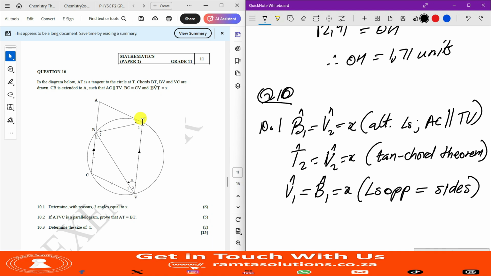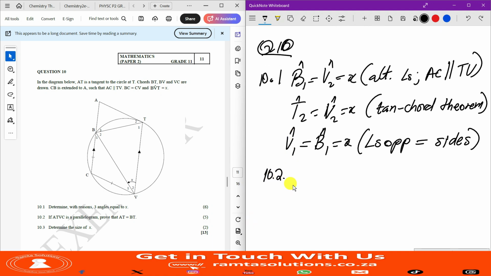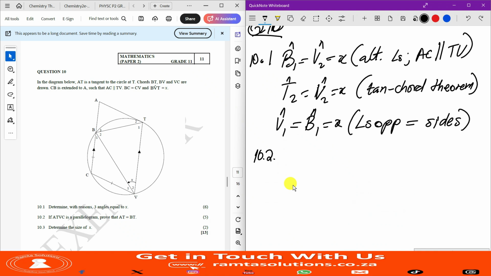Great. Now, 10.2, let's see. If ATVC is a parallelogram, please note, if it's a parallelogram, it means opposite sides are parallel, and also opposite sides are equal.